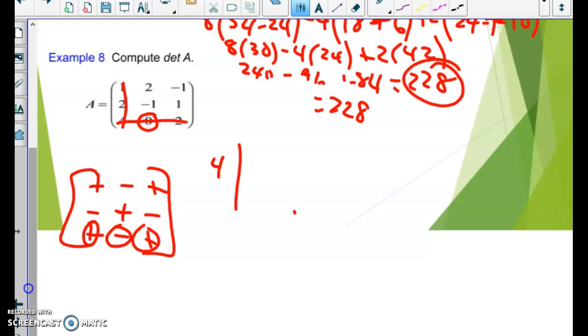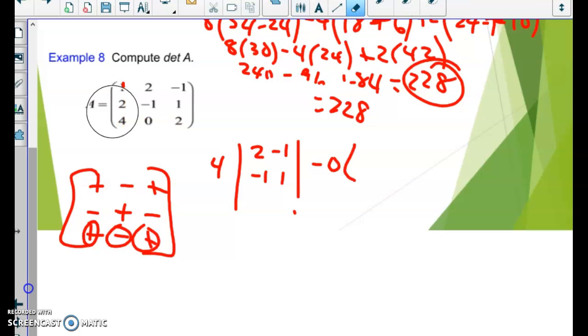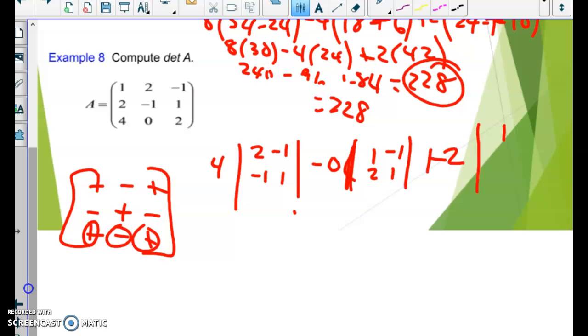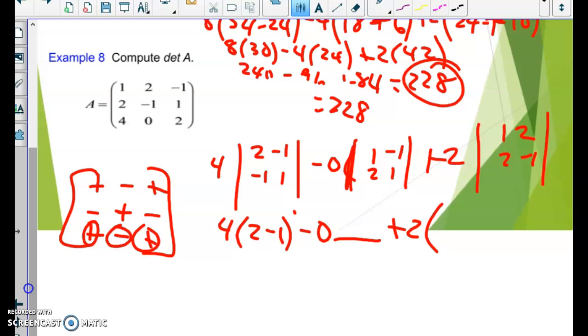If I go there and there, I get 2, negative 1, negative 1, 1. And then it would be minus 0 times, I'm not going to cross it out, I'm just going to fill it in. 0 times 1, negative 1, 2, 1, and then plus 2 times 1, 2, 2, negative 1. And so my expansion is going to be 4 times the quantity of 2 minus 1, and minus 0 times anything, I don't care what it is, plus 2 times negative 1 minus 4.